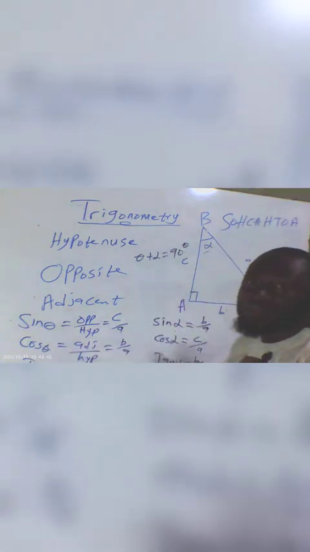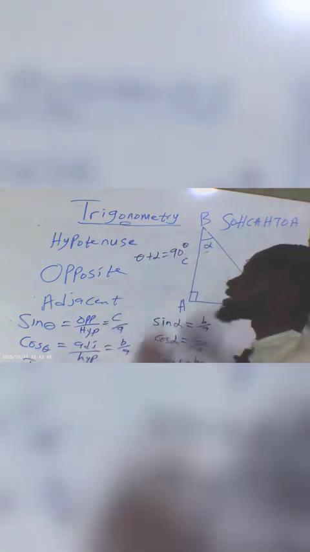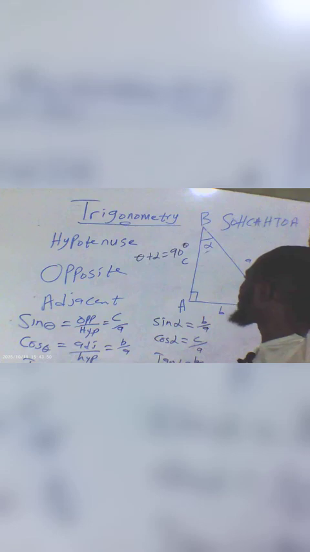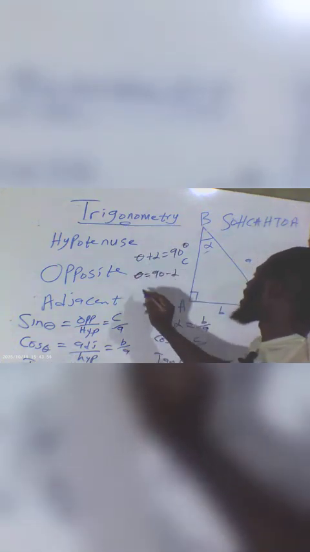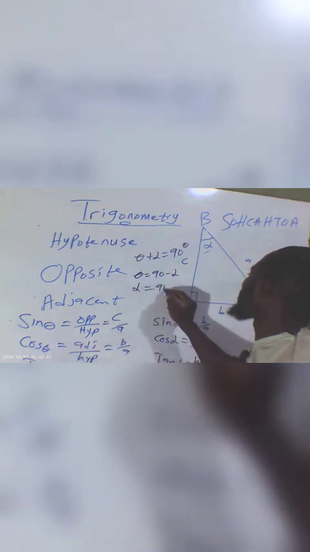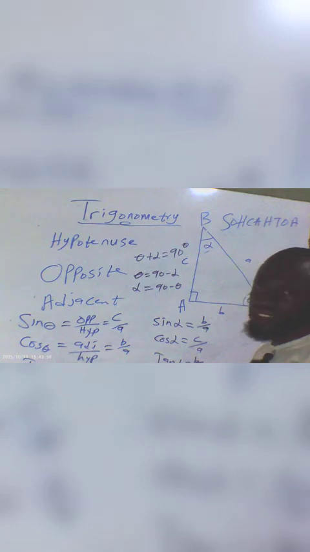They are complementary angles. That means theta is equal to 90 minus alpha. At the same time, alpha is equal to 90 minus theta.